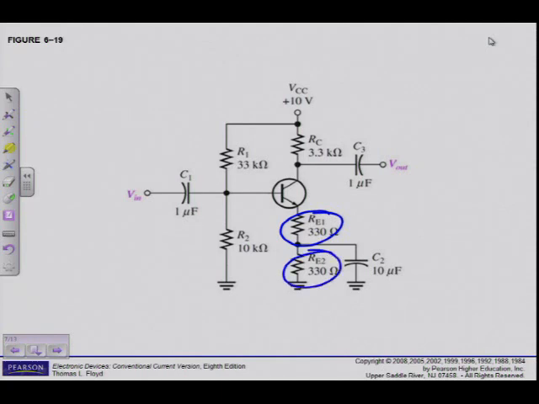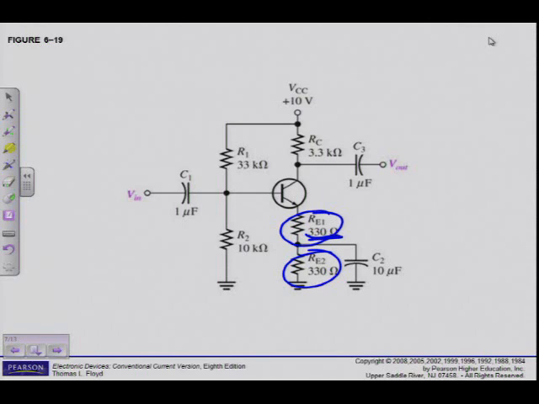So now the total resistance for my DC analysis is still 660, but for the AC part it is only 330. So now my voltage gain at least increased from 1,7 to 10. It's still not excellent, but it's much better than it was. And now I have a still stable circuit. Okay.